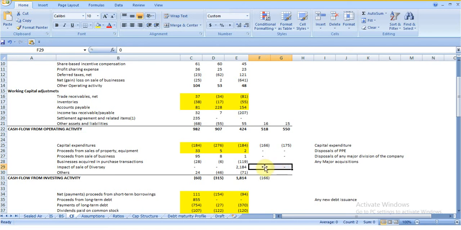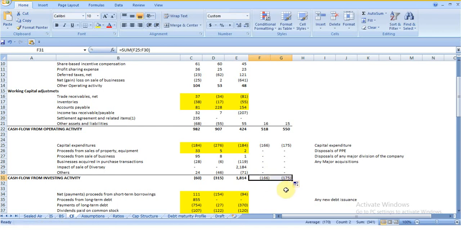Other activities I will also assume zero. For business acquired in purchase transactions, I'm not expecting that the company is going to acquire any other business this year, so I can safely assume it zero. And I'll just calculate the cash flow from investing activities.